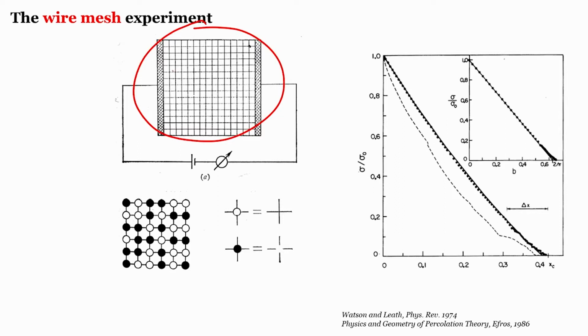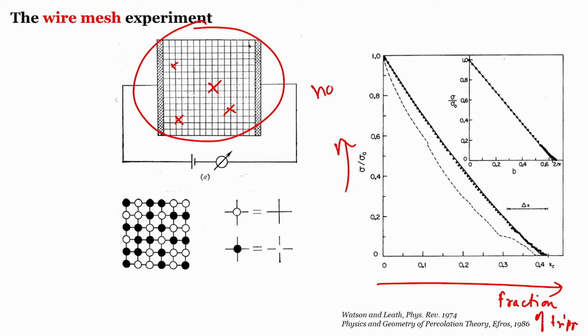What we did was we tripped some of these junctions, and then we tried to plot conductivity as a function of that. On the x-axis it's the fraction of tripped junctions, and on the y-axis the normalized conductivity.